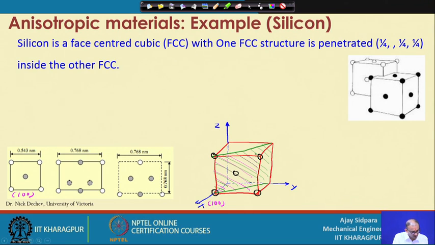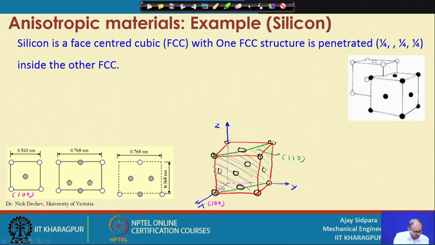So, this particular plane is called the 1 1 0 plane, but it is not cutting the y because it is parallel to the y. So, this is the 1 1 0 plane. When it is cutting this, we know that each and every face has 5 atoms. So, here also 1 is at the center, here also, here also at the center, and all the other faces also have one at the center.